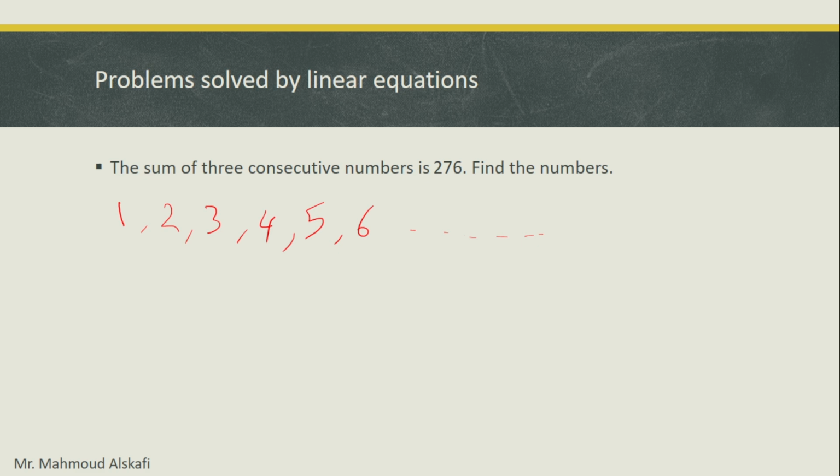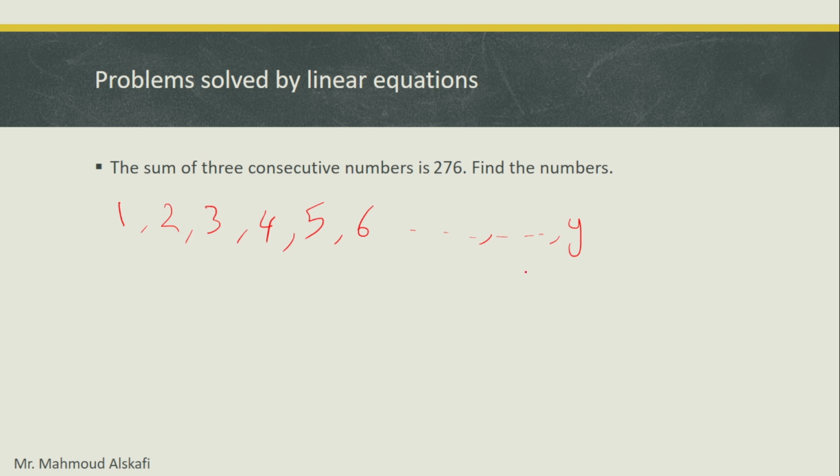So here we need to know the relation between the numbers. The first number is 1, 2, 3, 4, so every time we add 1. So let us call this number, for example, y.